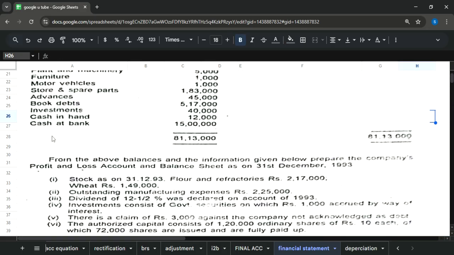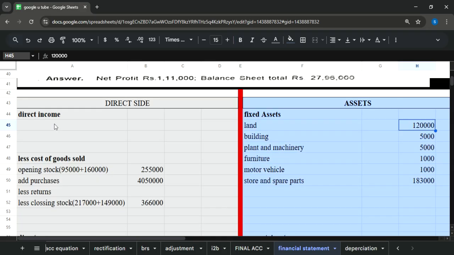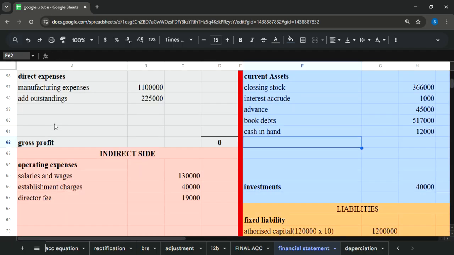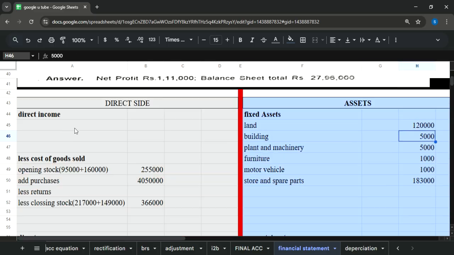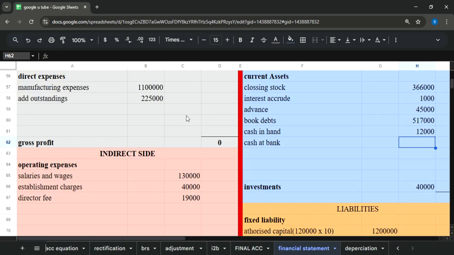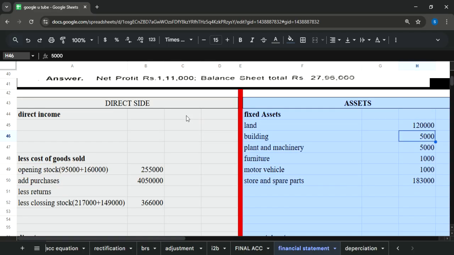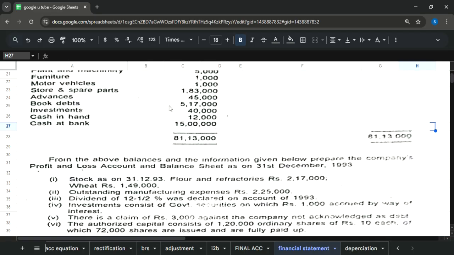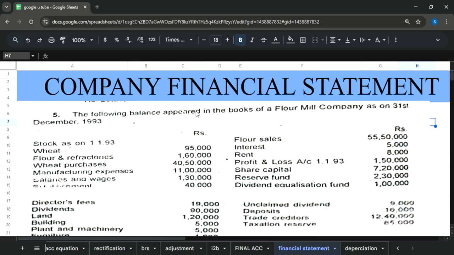Then we have cash at bank, again current asset, cash at bank, amount of which is 15 lakh. Alright guys, so we have cash at bank, that means all amounts present on debit side we have completed. So let's focus to right side, that means credit side.